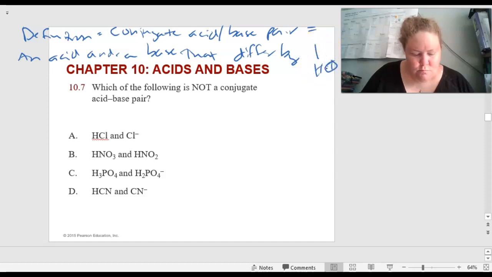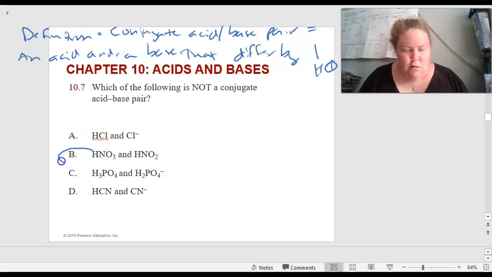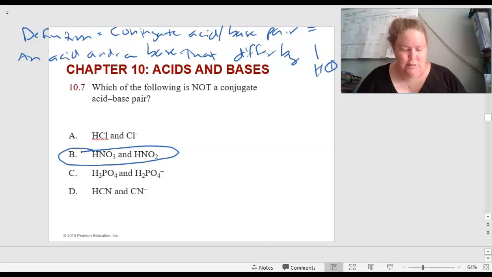All right, so then when we look at all of these, the correct answer is going to be B here, because the B will not lose H+. Okay, it lost an O2.